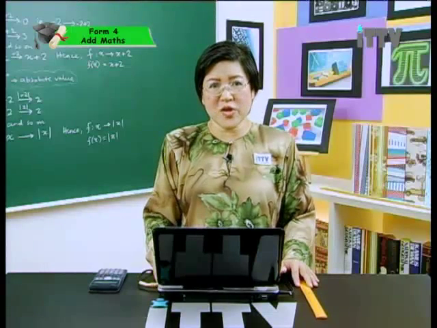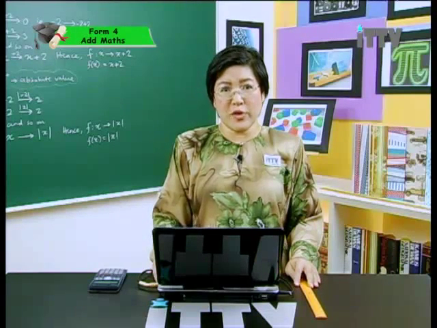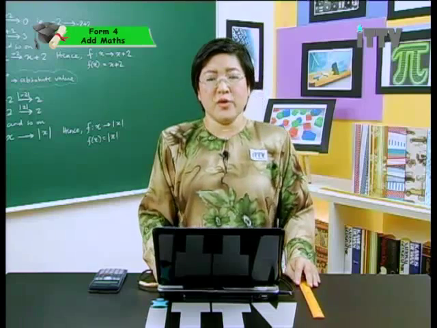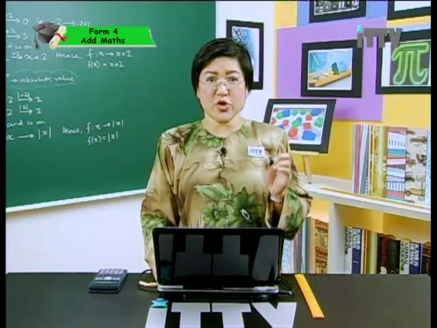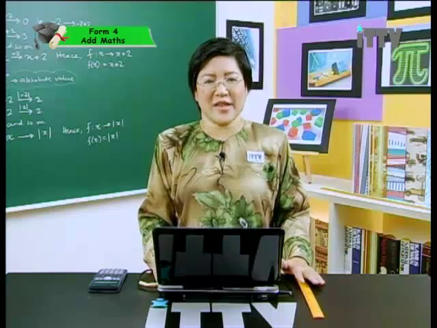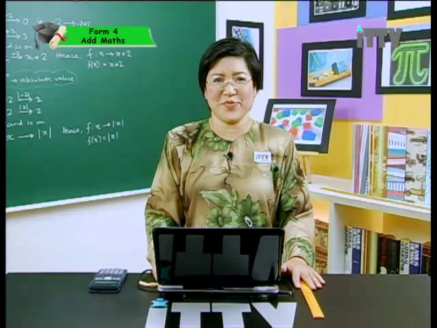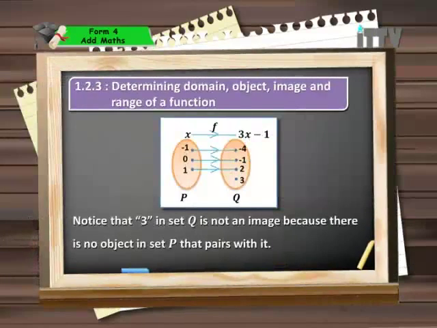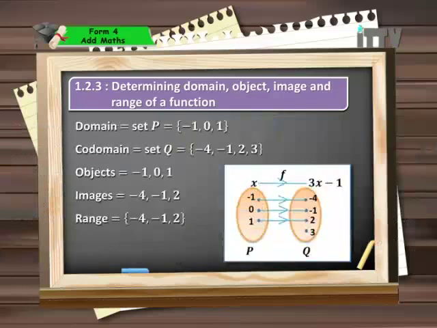To put it in other words, we see that every object in set P will have only one arrow shooting out from it to hit an image in set Q. Notice that 3 in set Q is not an image because there is no object in set P that pairs with it. Now, having said all that, we are able to identify all the following issues.